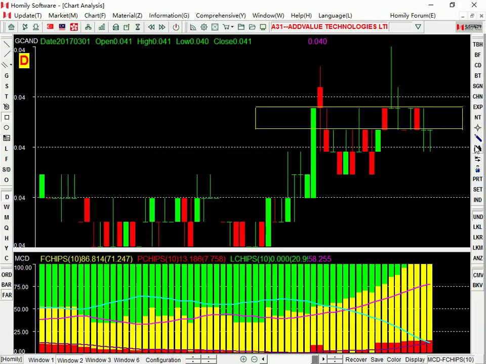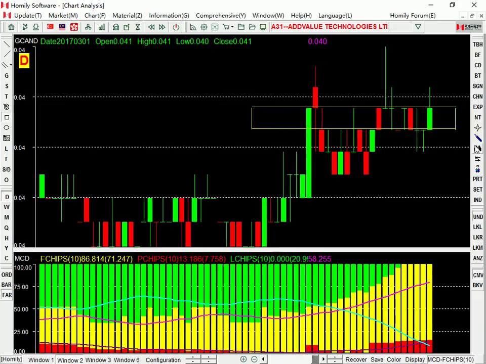How about here? Still need to wait. How about this candlestick? Will you buy or not? If you think this is the buy point, you can put your hands up. Nobody. Why? Not breakout. Right.